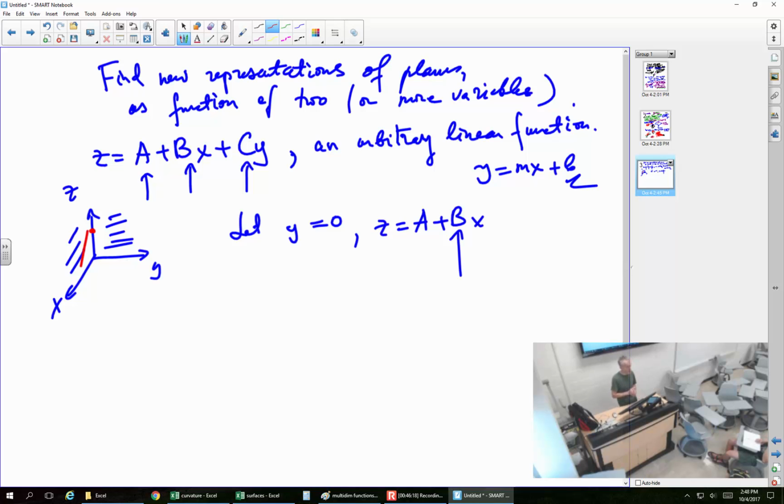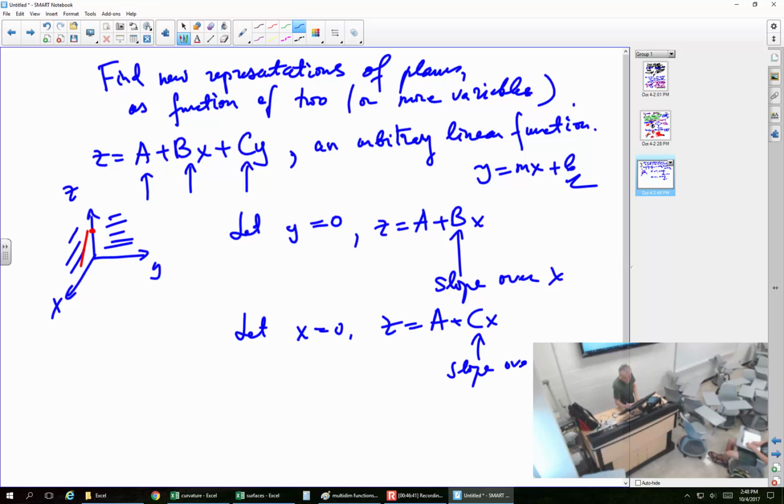It's the y-intercept? No, it's the slope with respect to x. So if we are concentrating on this plane, then b is the slope of my line. Slope over x, and then if I set x equal to 0, then I have z equals a plus cy, and then c is the slope over y.